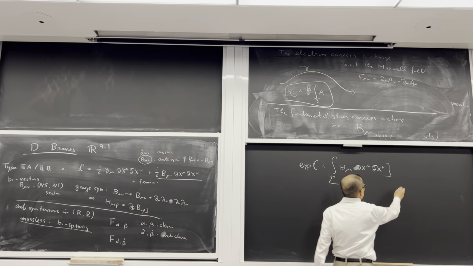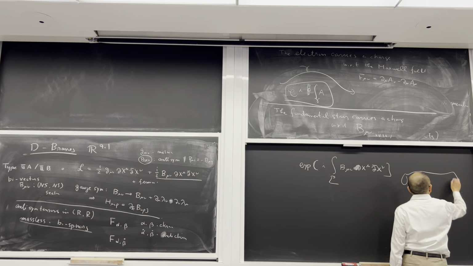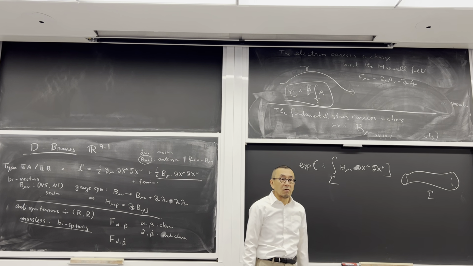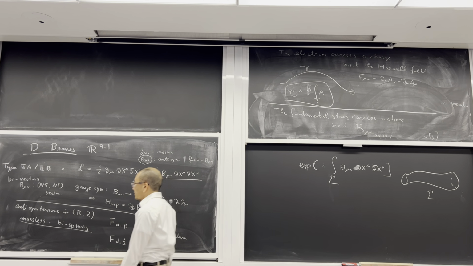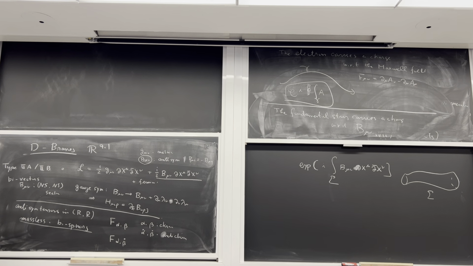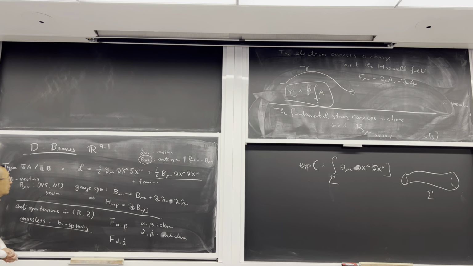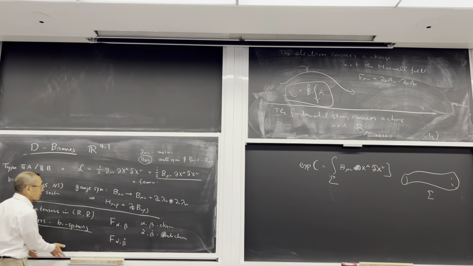This sigma is the trajectory of the string. So you see that this is a natural generalization of the electron phase factor associated with the propagation of an electron in a gauge field configuration. Okay, so for this NS-NS 2-form gauge field, there is a natural charged object.